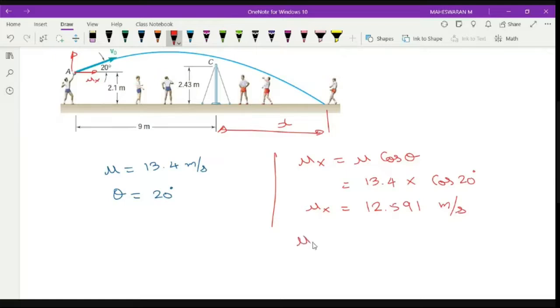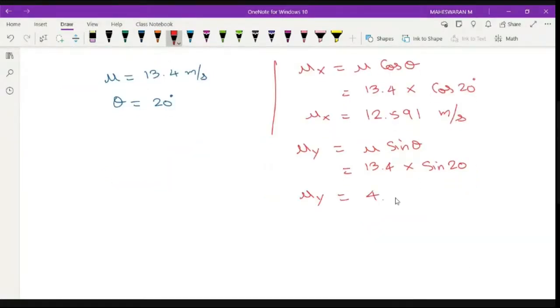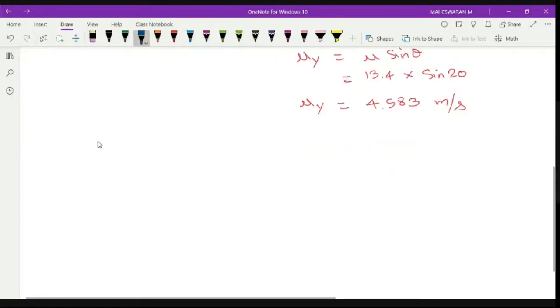Similarly, let us identify uy. So uy is u sin theta, which is equal to 13.4 into sine 20°. So what is your uy? 4.583 meter per second, right? So we identified these two. Now we'll proceed one by one. So let us go for horizontal velocity.